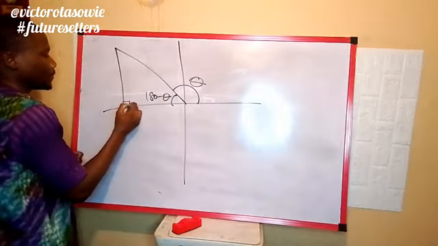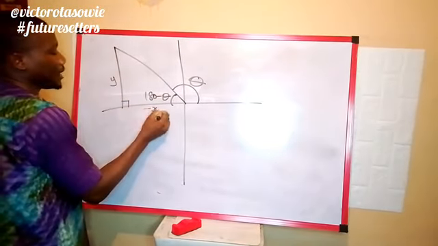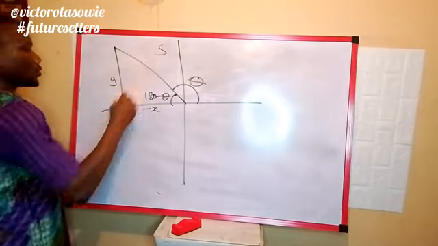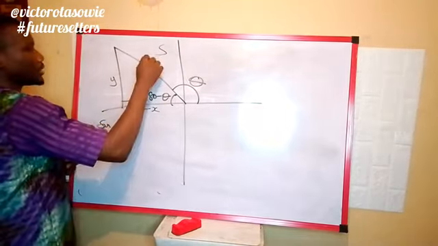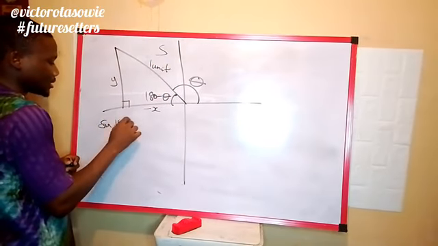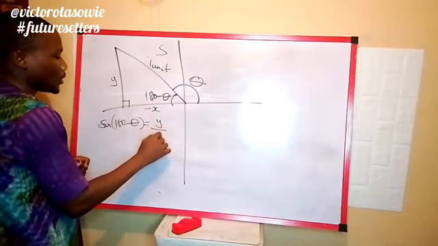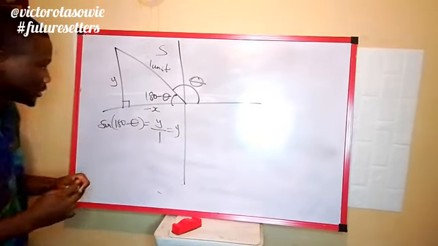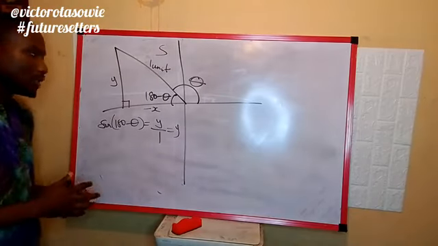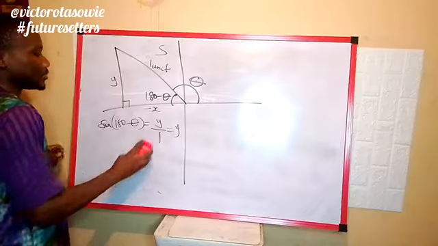Then in this case, this is going to give us y, which is plus y, but this x is going to be minus x. Now the second quadrant, remember that it's S we are focusing on. So it's only sine that is positive. So sine of 180 minus theta will give us opposite y over 1, which is y. But if you check for adjacent and if you check for cos, it will give you negative. If you check for tan, it will give you negative in that aspect.